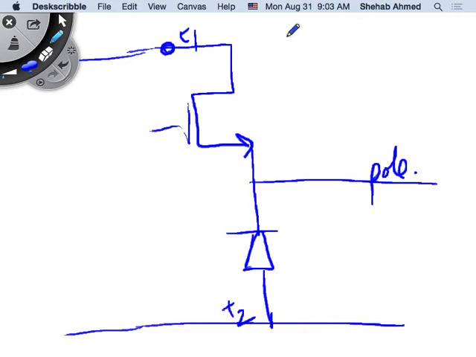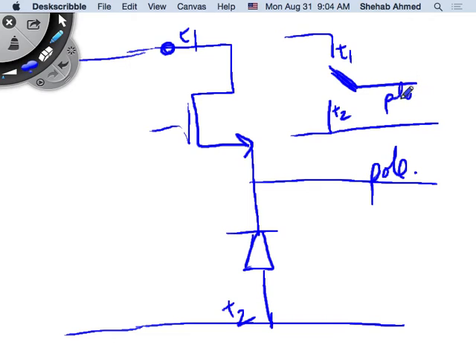So can I redraw this as this, where this is T1, this is T2, and this is my pole? Can I say that these are equivalent? I can, right? So either the top device is on. If the top device is on, current is flowing this way.